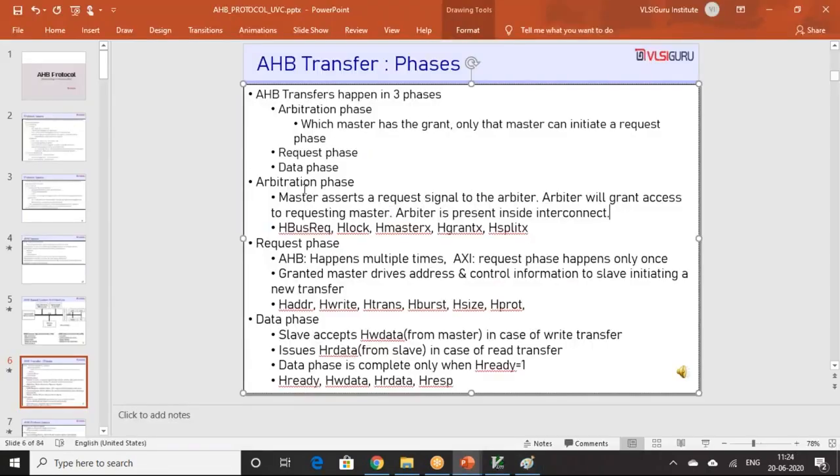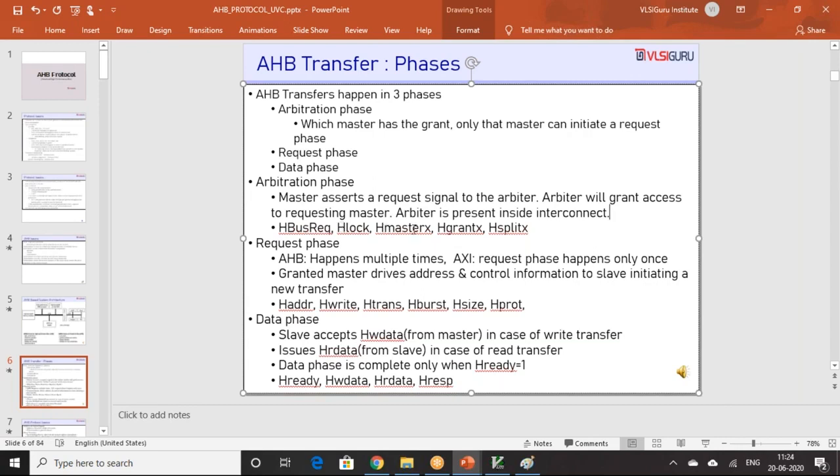Next, what are the signals used for this arbitration phase? HBUSREQ: a master is requesting the interconnect, saying I want access to the bus. HLOCK means the master is telling the interconnect that I want to do a locked transfer. If you give me the grant, I want to do a locked transfer.